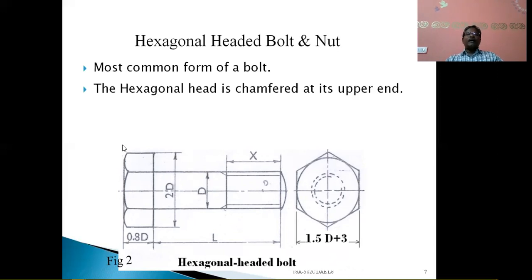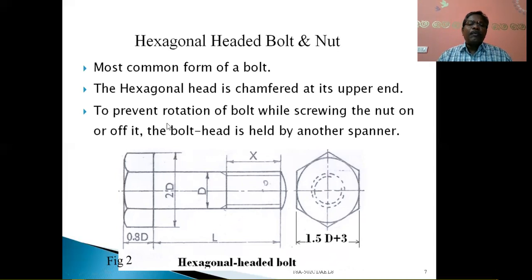Next is hexagonal head, the chamfered. Here you can see this is chamfering, right? At its upper end. That means this part is chamfered. It is chamfered, and also it is in the shape of hexagon, only to prevent the rotation of the bolt while screwing the nut on or off.